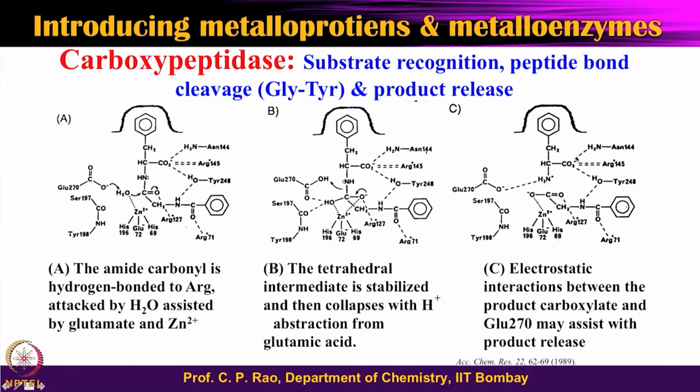Therefore, this connected thing can be taken out by adding water. So, that will take out the carboxylic part and the amino part as 2 products. So, you can see the steps: the recognition, the nucleophilic attack, the actual cleavage, and the release. The release is by adding the water.